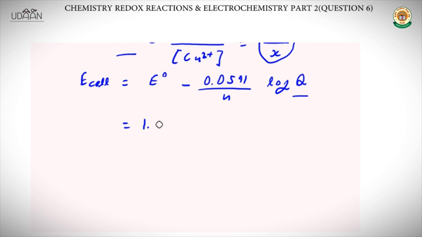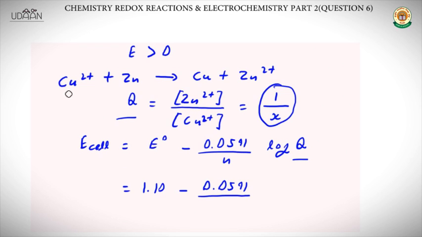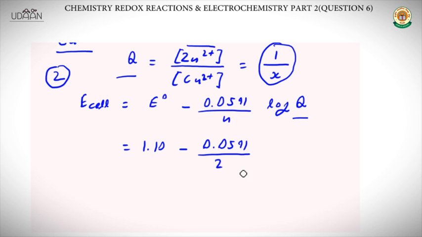So E naught is 1.10 minus 0.0591 by N. Now N, we can directly see it's plus 2 here, and the oxidation state for copper is 0 here. Hence we can see that there is a difference of 2, so N is equal to 2 in this case. It's log 1 by X.